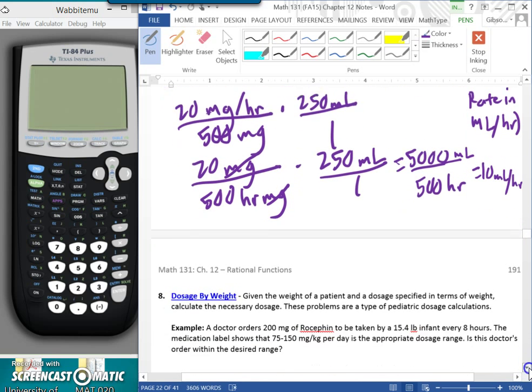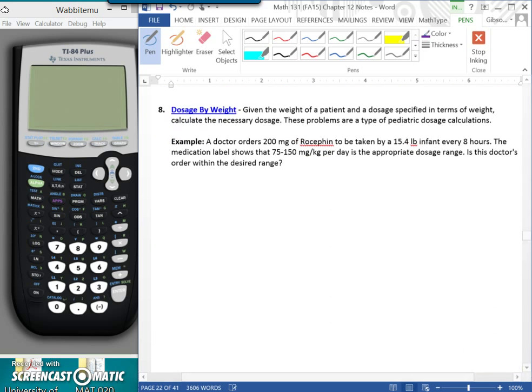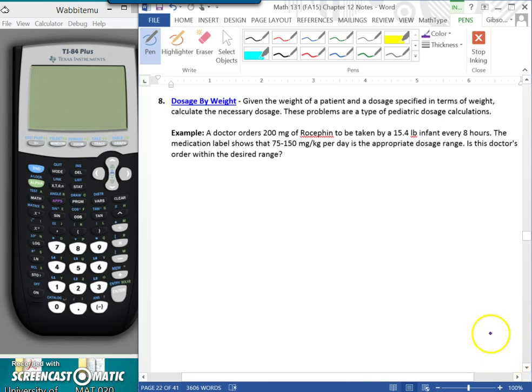Now, it's problem number 8. There's a lot to problem number 8, so I'm going to do this by steps. It says here, a doctor orders 200 milligrams of Rocephin, an antibiotic, to be taken by a 15.4 pound infant every 8 hours.